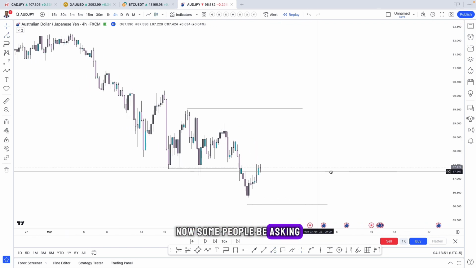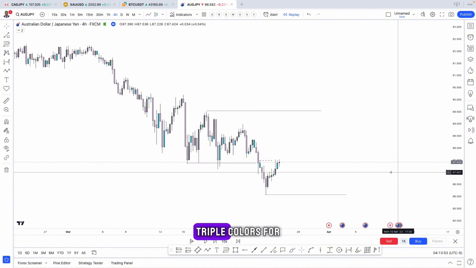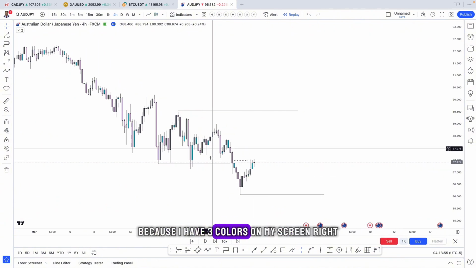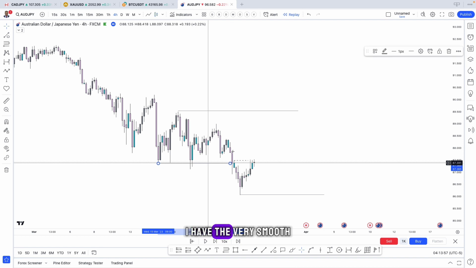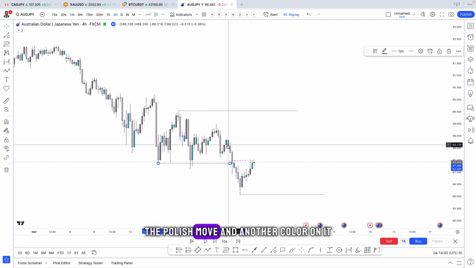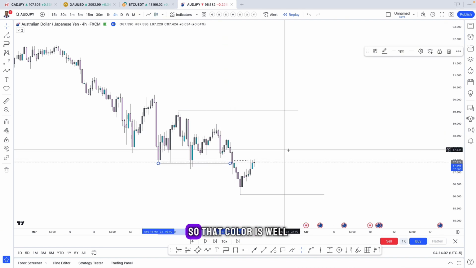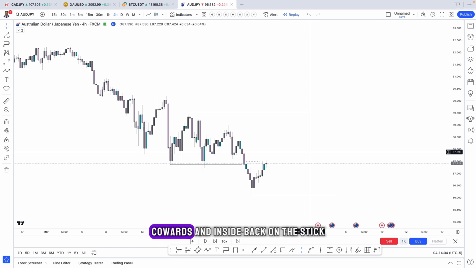Now some people will be asking, what is this triple color for? Because I have three colors on my screen, right? I have the bearish move, the bullish move, and another color on it. That color is what we call an inside bar candlestick. Most of you that might have read the candlestick Bible must have understood what an inside bar candlestick means.